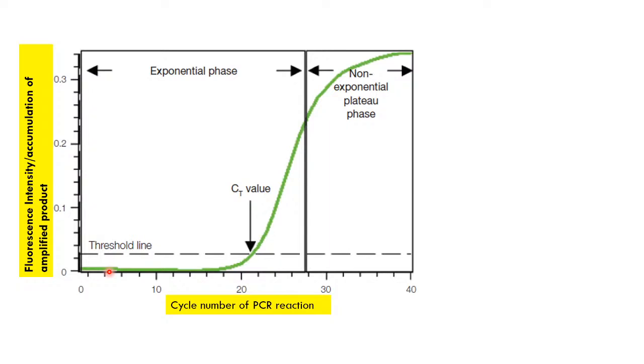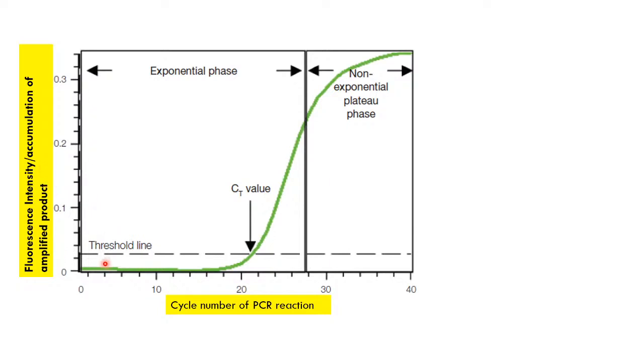Every time the DNA increases, the product increases, and either your SYBR Green, the DNA binding dye, or your TaqMan probe, which is also fluorescent, binds to this DNA. So with cycle number, the fluorescence increases, because the product DNA is increasing. That is why with increasing cycle number of PCR, you have increasing fluorescence.